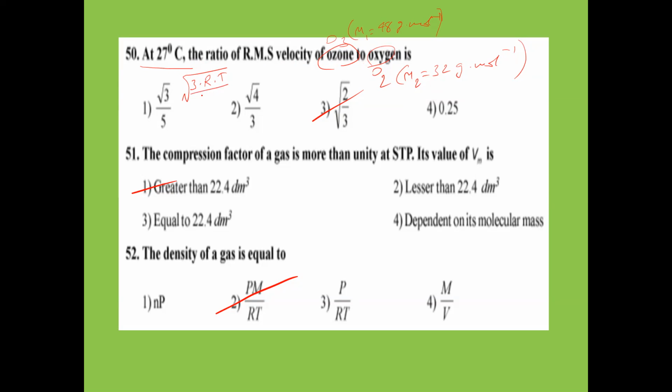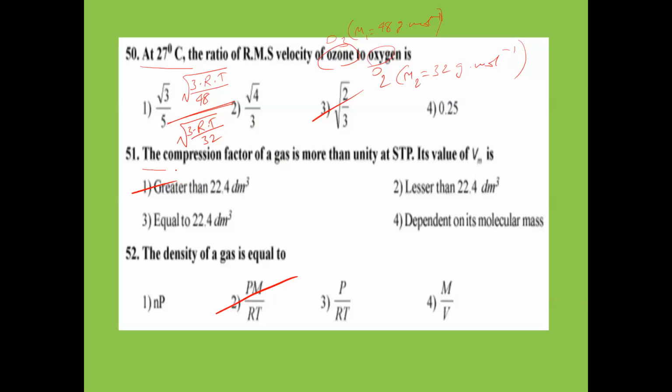This ratio will be square root of 2 by 3. Under root 2 by 3 will be the answer. Here T value and R value are the same for both gases, but only the molecular masses change, 48 and 32. So this ratio they asked.